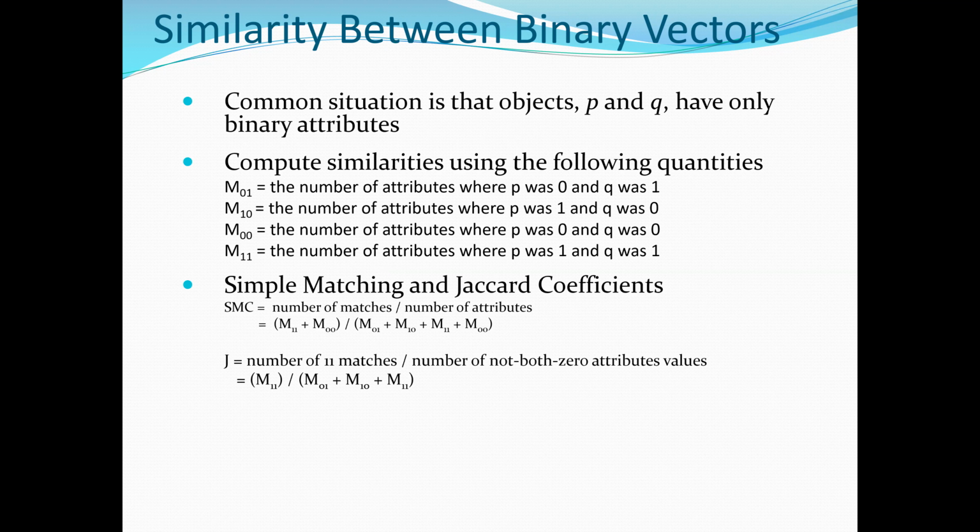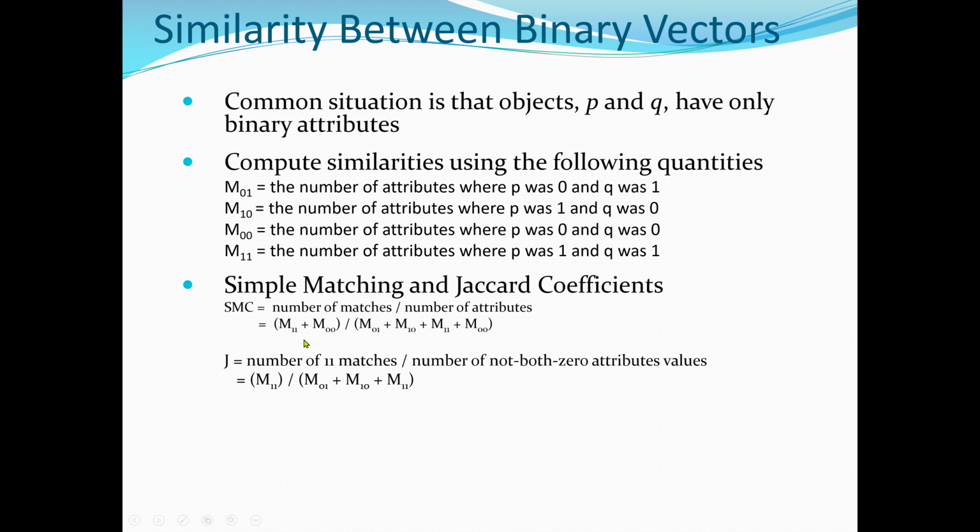So again, we are going to use this method to do one example here. SMC stands for simple matching, and J stands for Jaccard coefficient. To find the simple matching, it will be the number of matches divided by the number of attributes.